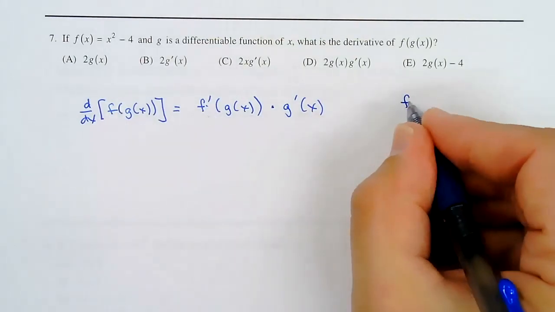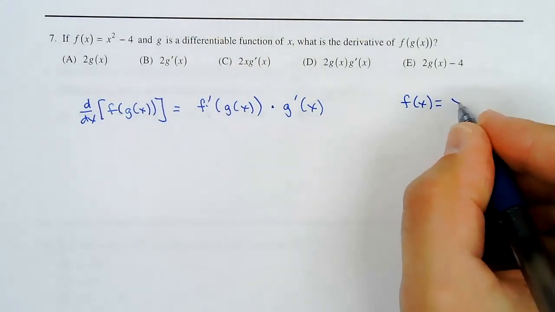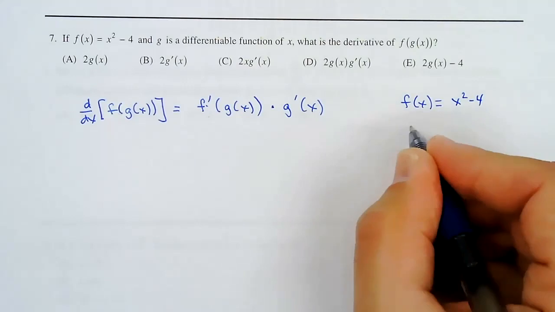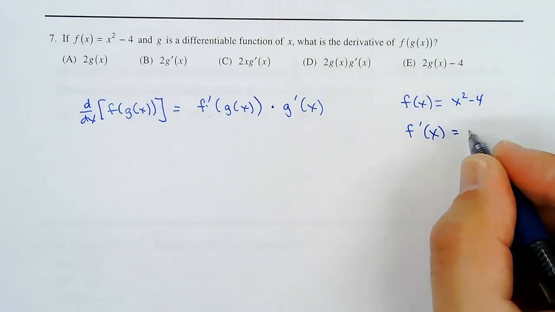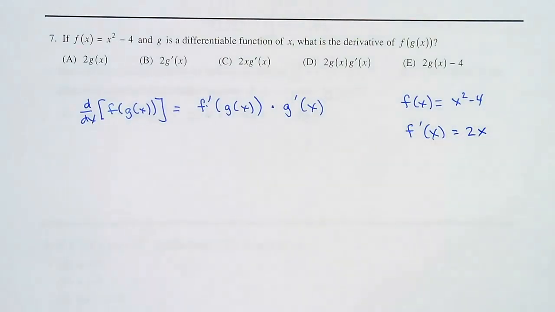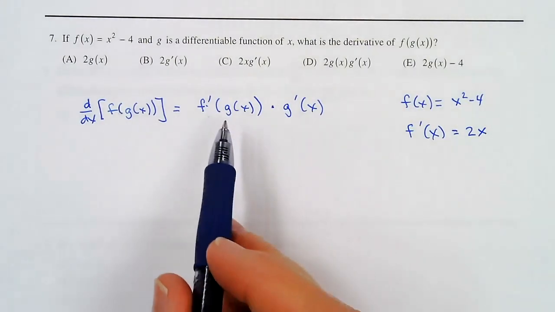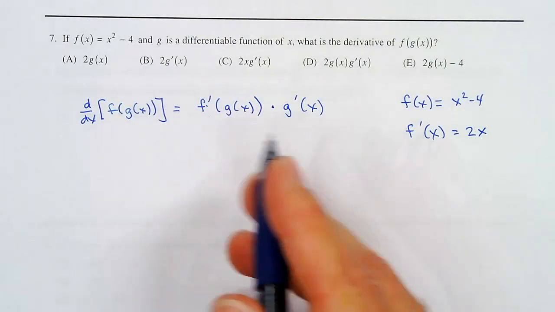Now, what is f prime? So we know f of x is equal to x squared minus 4. So f prime of x would be equal to 2x. And then over here, this is telling us to put g of x into f prime.